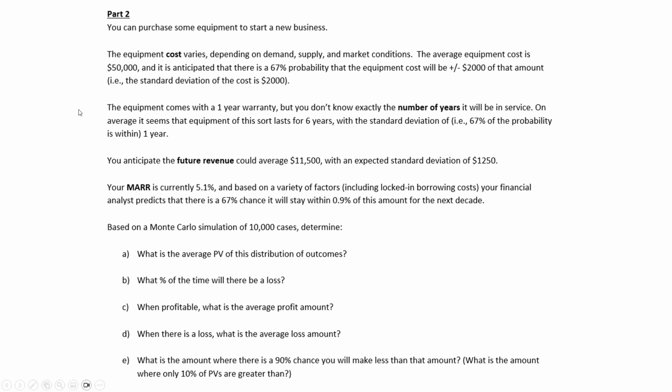We know that the equipment has a 1-year warranty, so that's how long we could guarantee it's in service. But we know that on average this equipment lasts for a year, and it seems like the standard deviation is plus or minus a year. So we're going to do the same thing in having the number of years. So n will be varying from 6 as a starting point.